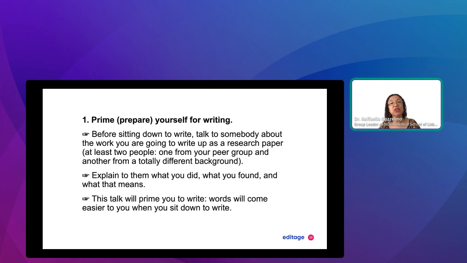So it's useful as well to receive their comments and explain to them what you did and what you found and what that means, to see also if they understand the way that you are telling the story. And then this talk will prime you to write, because you already started thinking about what you should put in a paper. And then it's easier when you sit down to write.